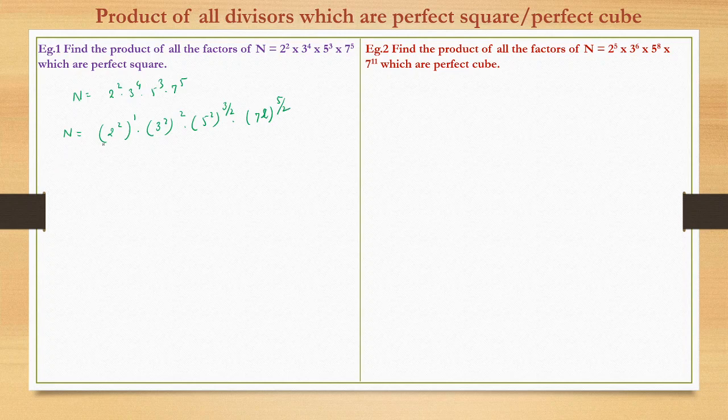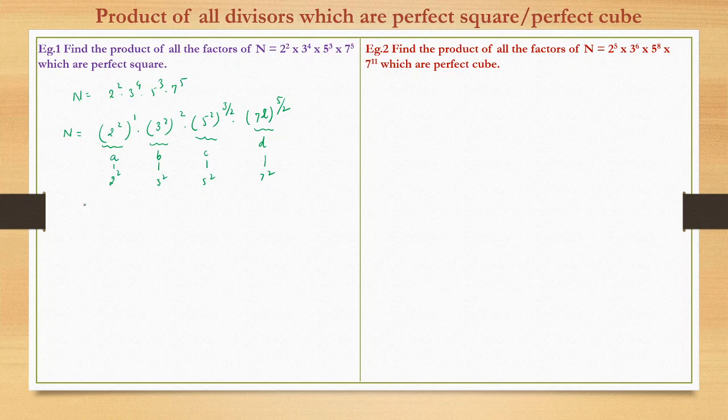Now let each term within the bracket be a, b, c, d. That is, a represents 2 square, b represents 3 square, c represents 5 square, d represents 7 square. Fine.